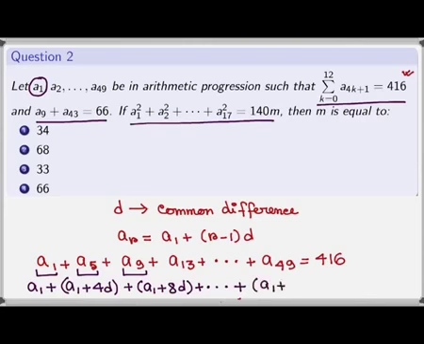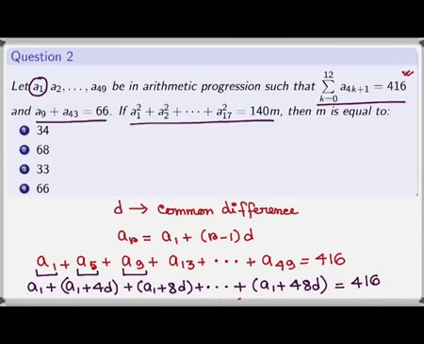a1 plus 48d, and this whole thing is equal to 416. We have 13a1 plus 0 plus 4 plus 8 plus up to 48 into d is equal to 416.